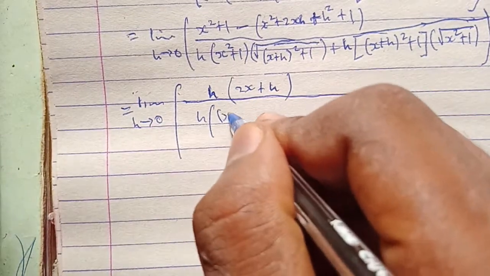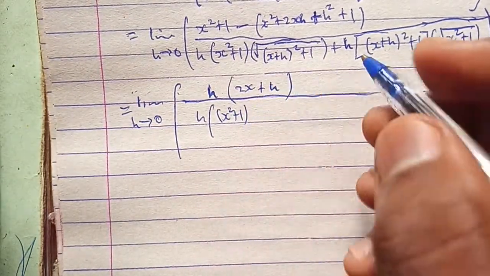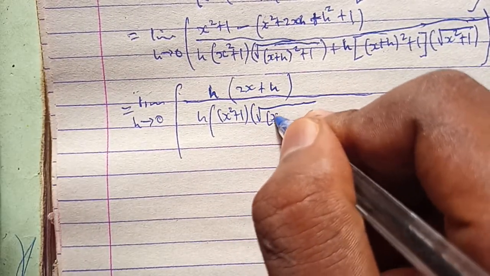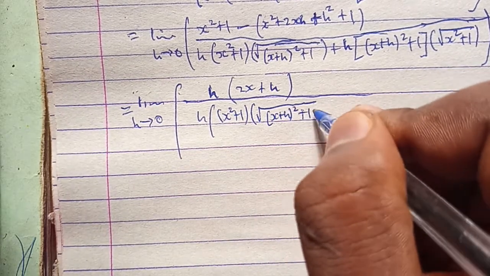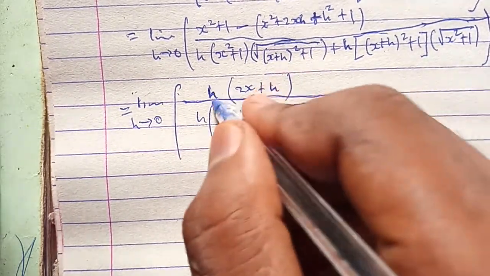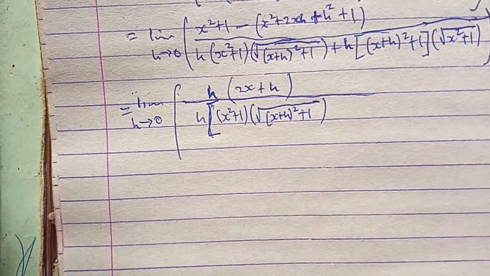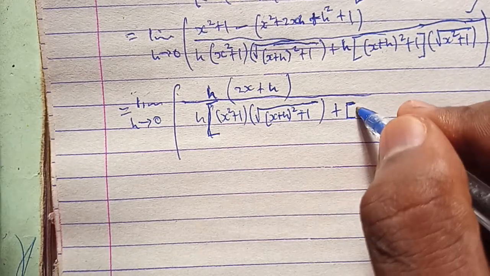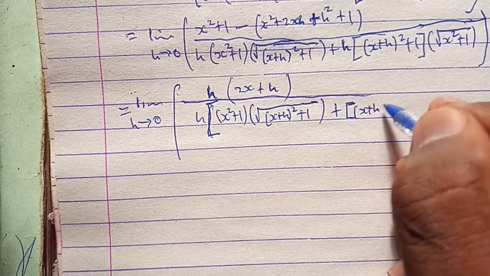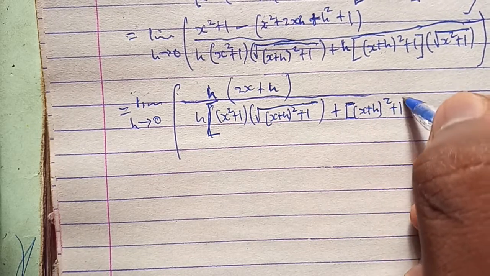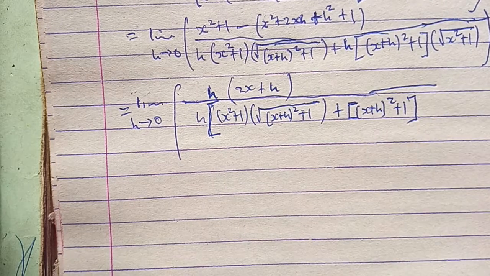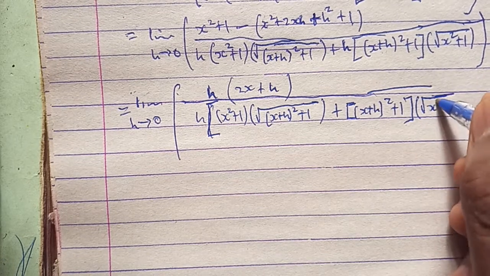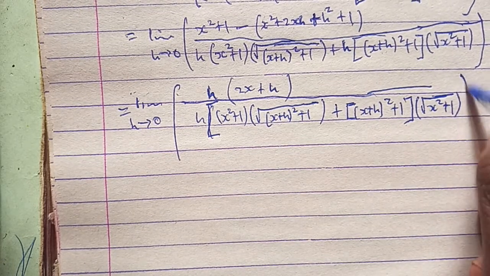Then we'll have x squared plus 1, then bracket close, then bracket open, square root of, bracket open, (x plus h) squared plus 1 under the bracket, then bracket close. This one is a square bracket, let's put it that way. Then we'll have plus another expression, some small square bracket, bracket open, (x plus h) bracket close squared plus 1. This one, the square bracket close. Then multiplying by another expression, square root of x squared plus 1. Then we close our bracket.